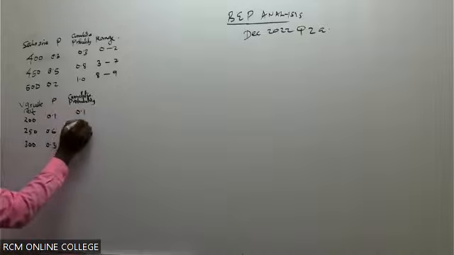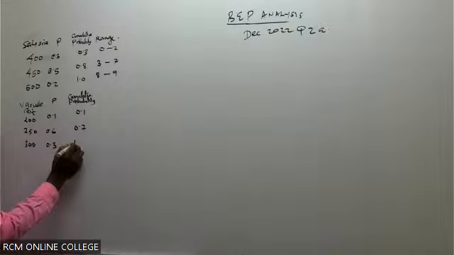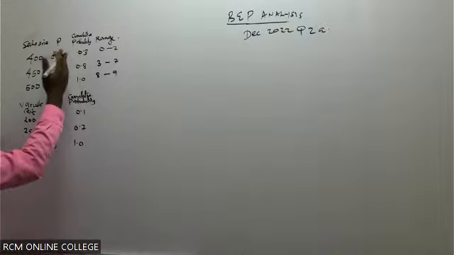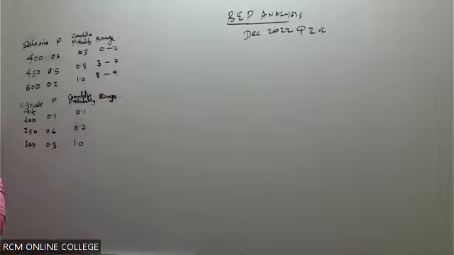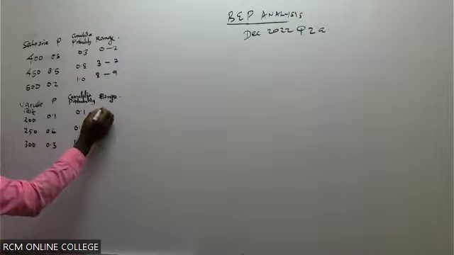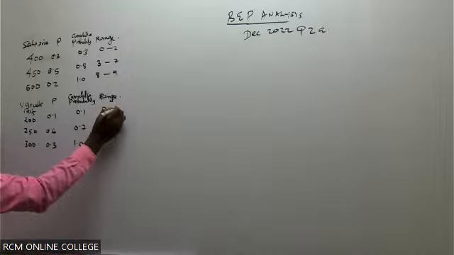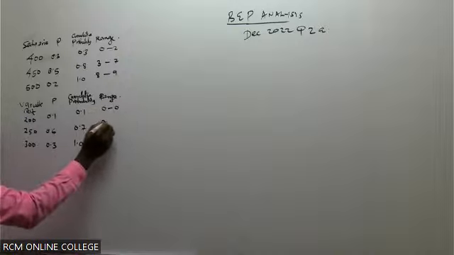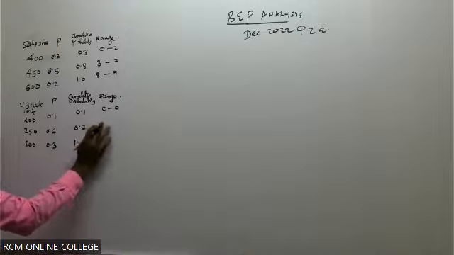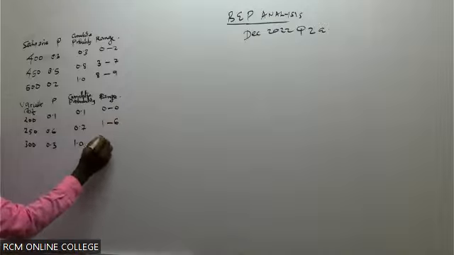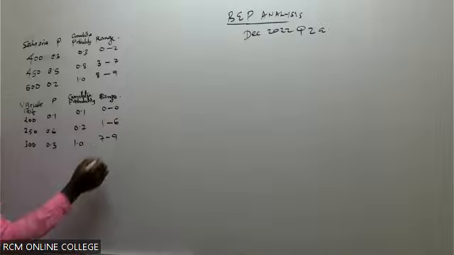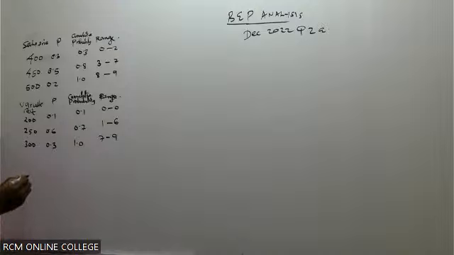Cumulative will be 0.1, 0.7, 1.0. So you can see the number of decimal places is 1. And therefore, if you now come to the range, here, you will be able to give me, that is starting from 0. And of course, the number before this is 0. Then we come to 1 to 6, 7 to 9.